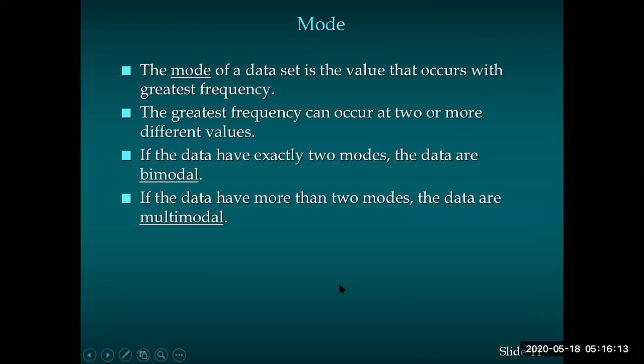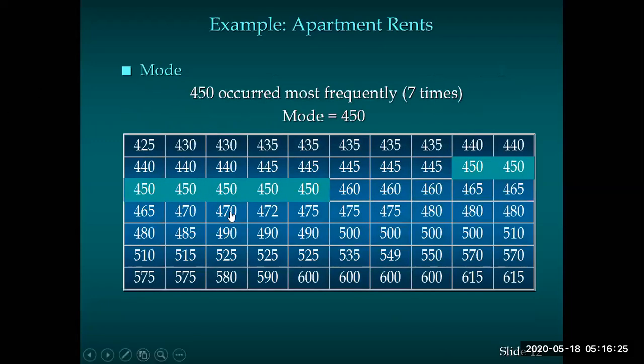Some observations may not repeat themselves at all. Such a data set where none of the observations is repeating itself, the mod will remain undefined. So in our data set, as you can see, 450 has the most frequency. So that means 450 is the mod.